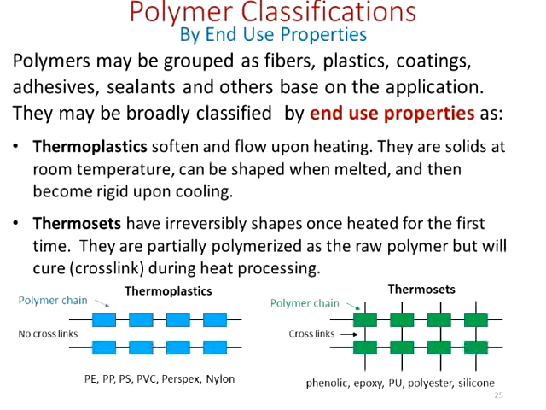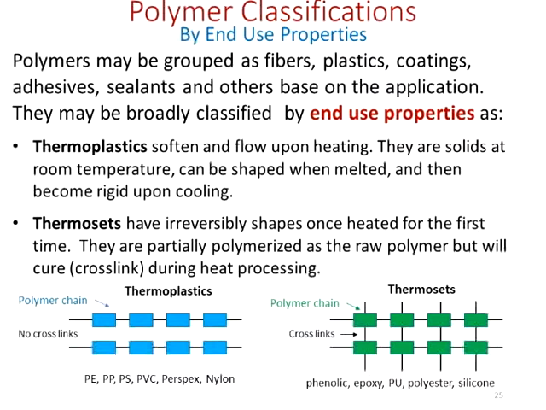One of those in-use properties that we look at is whether it's a thermoplastic. Is it going to be used as a thermoplastic? What are you going to use it for? So a thermoplastic softens and flows upon heating.